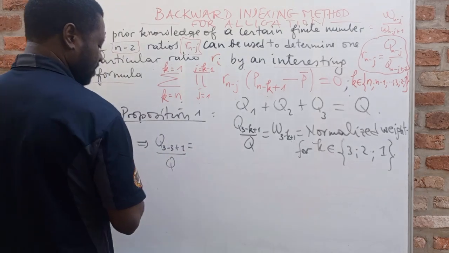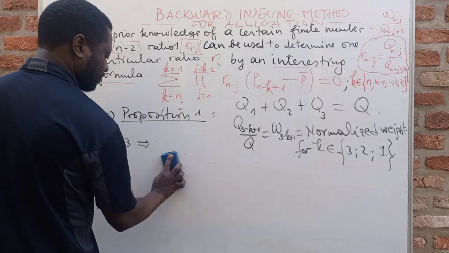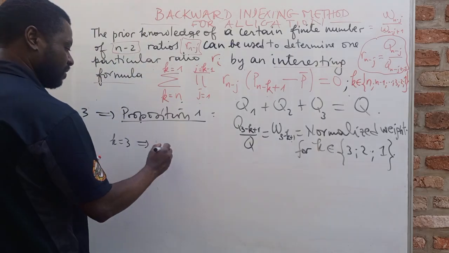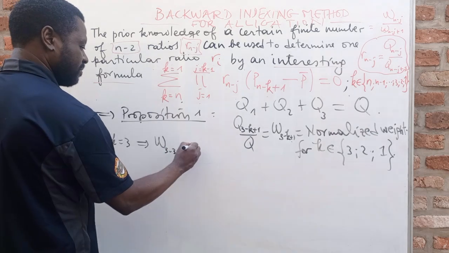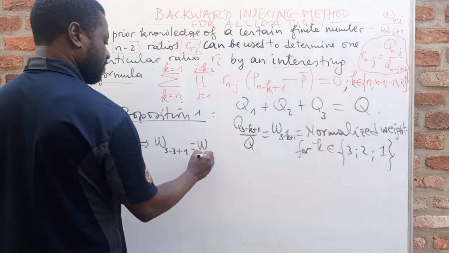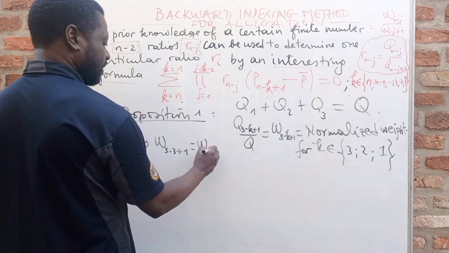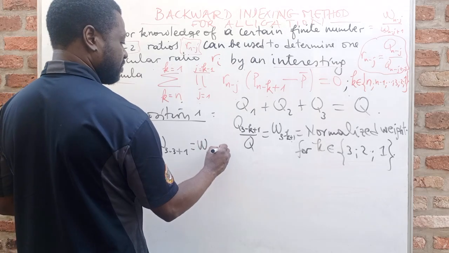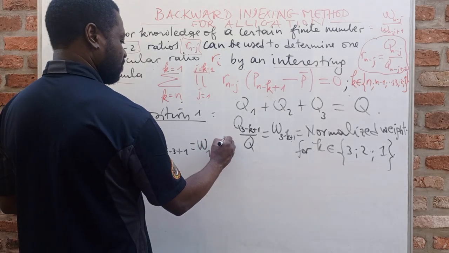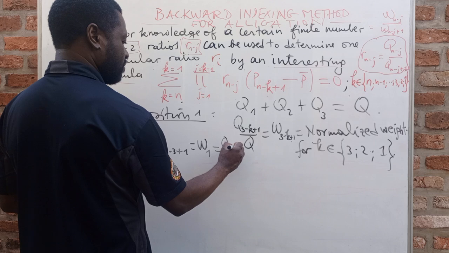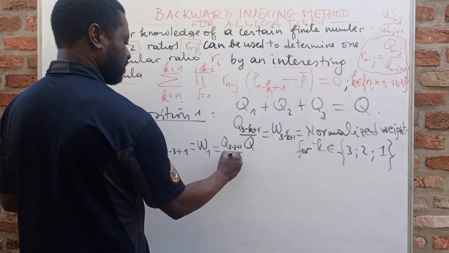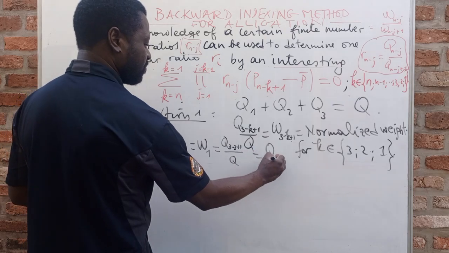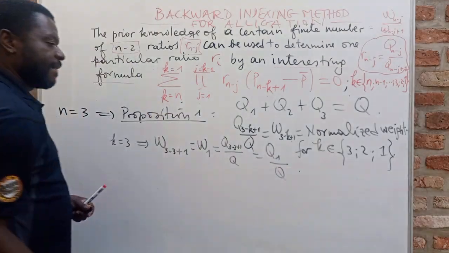Similarly, omega sub 3 minus 3 plus 1 will be equal to omega 1, and this omega 1 will be like q sub 1 over q, which is exactly q1 over q.